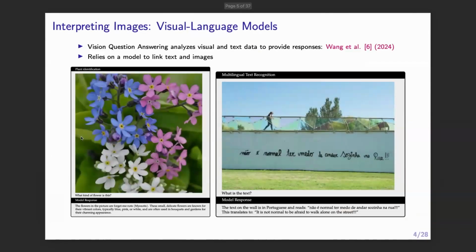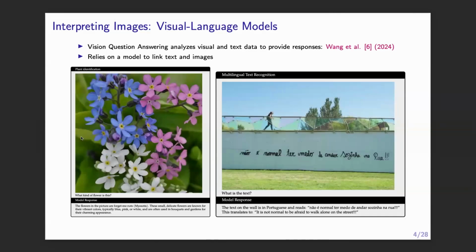Another example is what's known as VQA, or vision question answering, which is this task of multimodal models of taking in an image like the one that we see here, as well as a question of what kind of flower is this, and learn to process these two and interpret that this is a forget-me-not flower, or even more involved, take this picture on the right that has some text written in Portuguese.